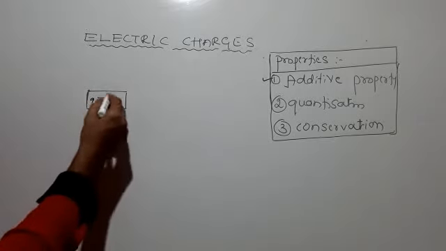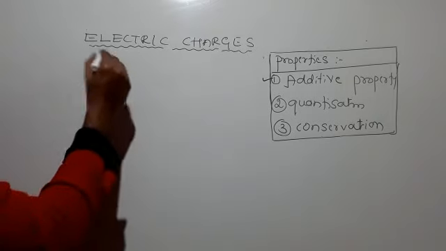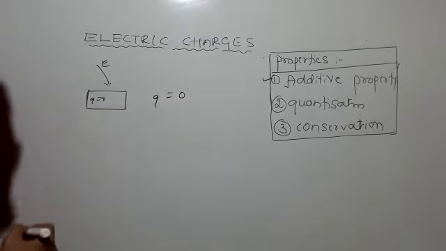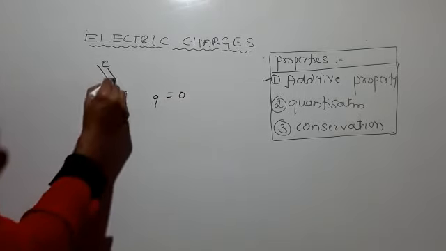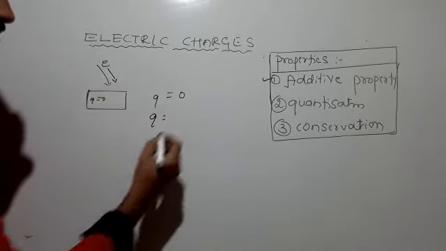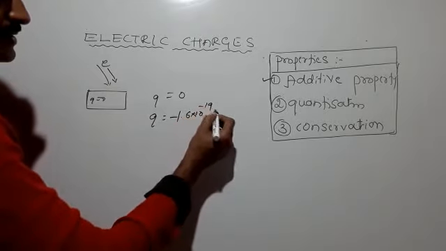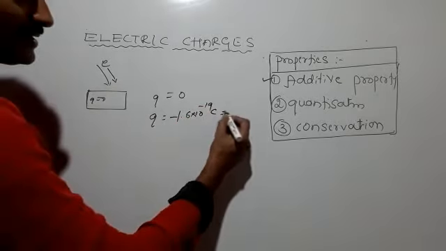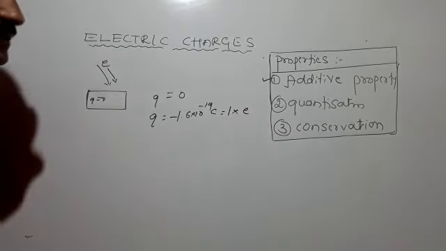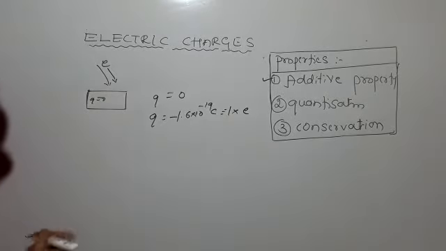Now, if you want to make this conductor negatively charged, go on adding electrons. Initial charge is equal to 0. If I add one electron to this conductor, then the charge on the conductor becomes minus 1.6 into 10 raised to minus 19 coulomb, which is equal to 1 into this quantity, the electronic charge e, taken as negative.